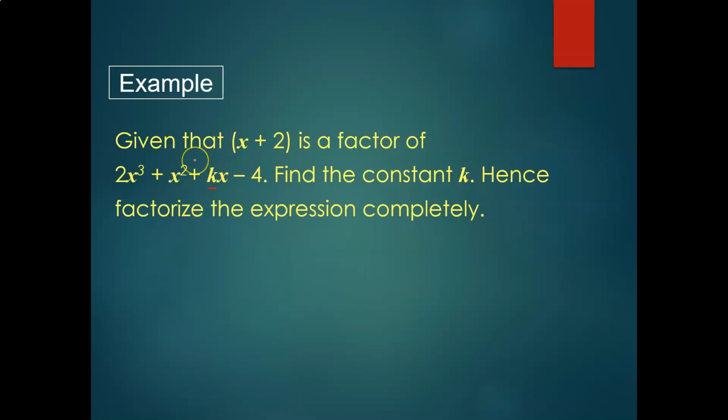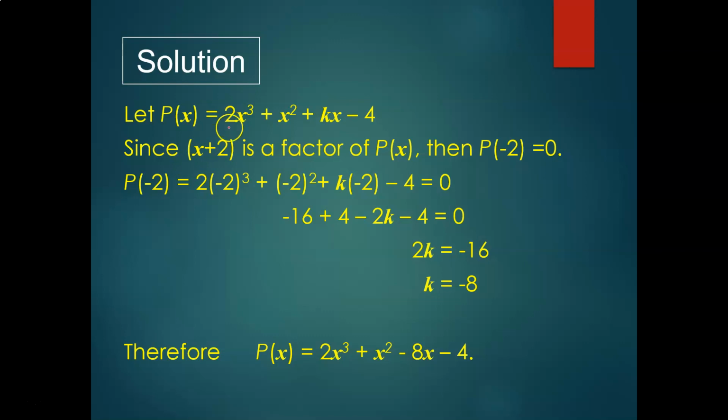We solve for this one first. Since it says x plus 2 is a factor, meaning that our x equal to negative 2. So this negative 2 you're going to substitute into the polynomial, which is equal to 0 because it says it is a factor.